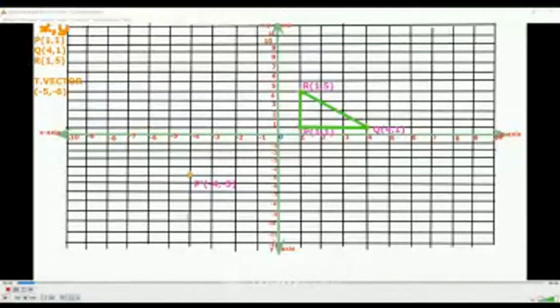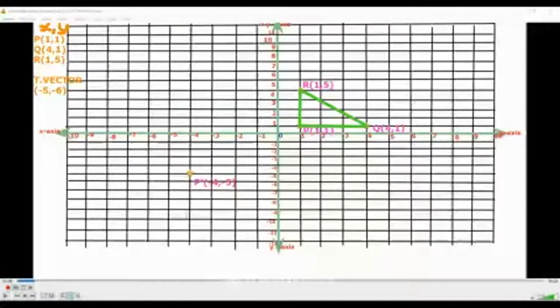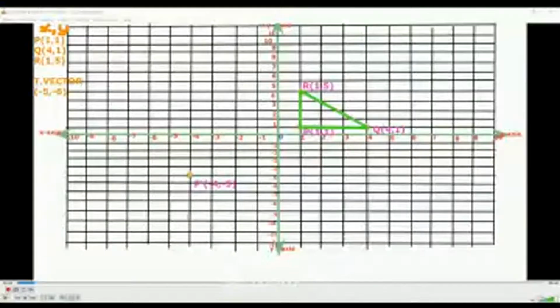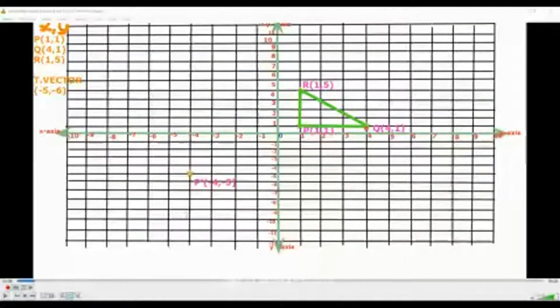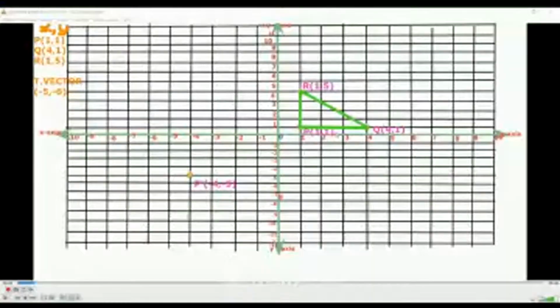Now we are going to move point Q, because all 3 points are going to move by the same translation vector. The point Q is also going to move 5 left and 6 down. So this is the point Q. You move the point Q here, 5 to the left side, and then you come down.